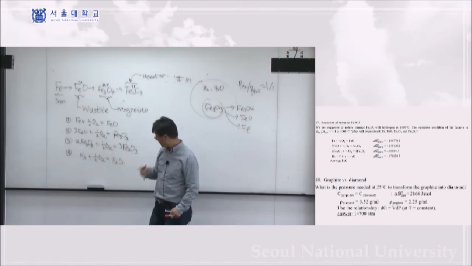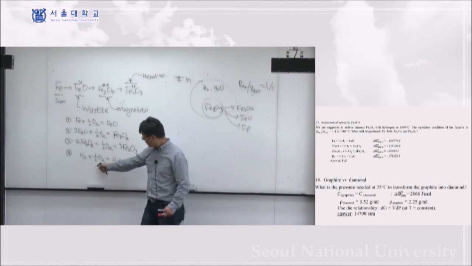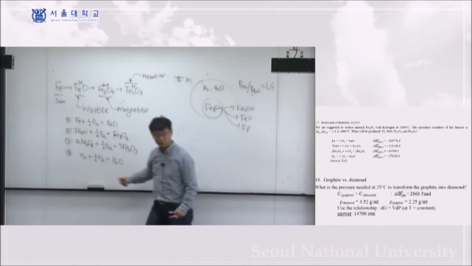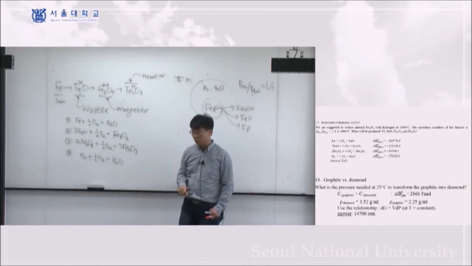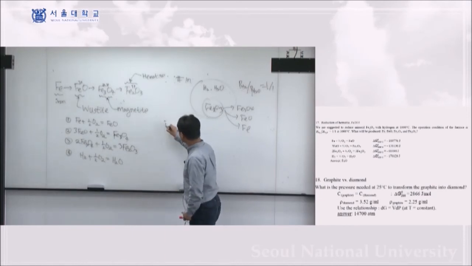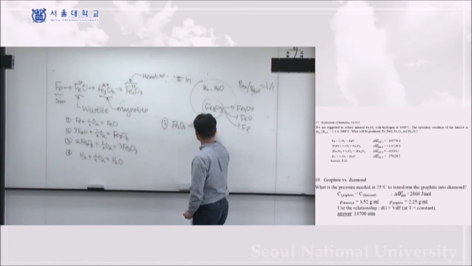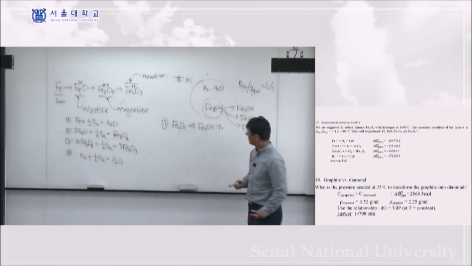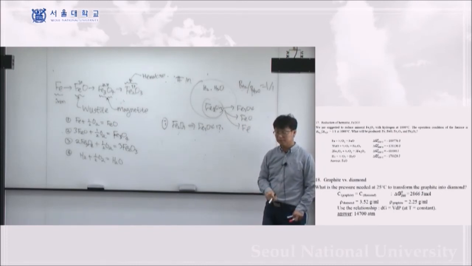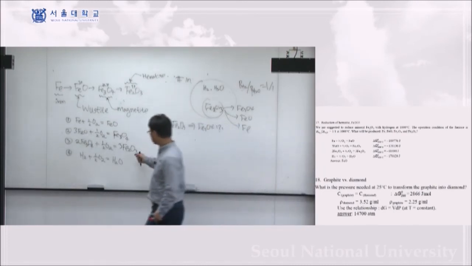But if you look at equation number 4, O2 is controlled by H2 and H2O. So first test: let's assume Fe2O3 goes to Fe3O4 or not. Is this going to be possible or not?